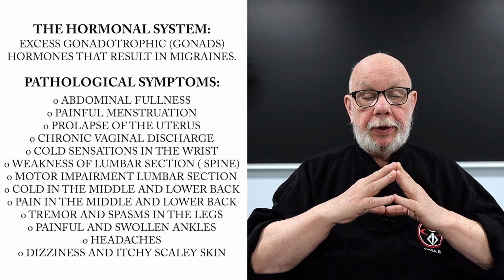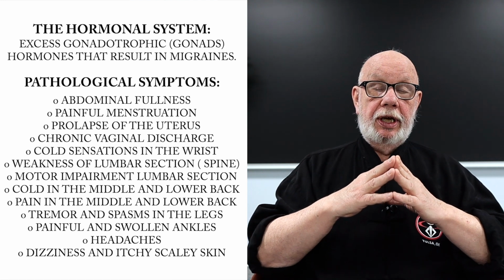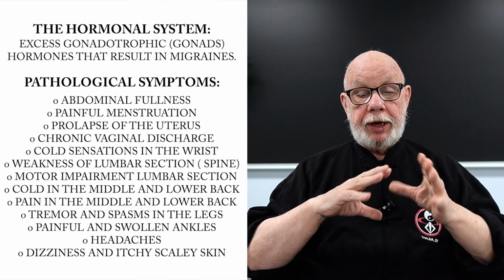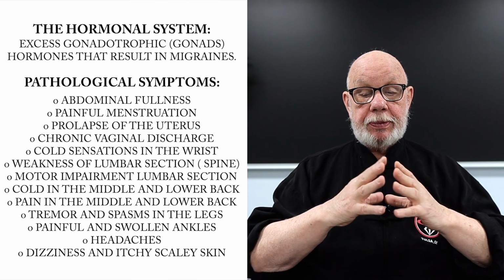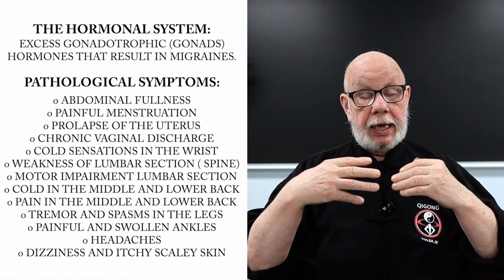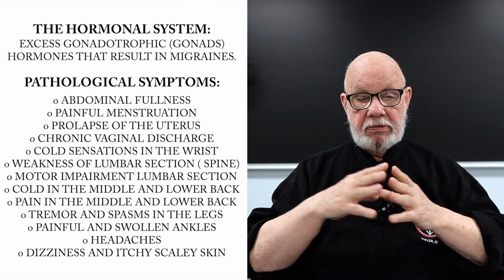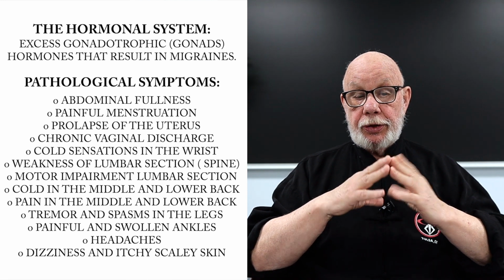That's an interesting one. Weakness and motor impairment of the lumbar section of the spine, cold and pain in the middle and lower back, tremor and spasms in the legs, painful, swollen ankles, headaches, dizziness, itchy, scaly skin. So these are some of the things that you might feel, should you have an issue in this area.